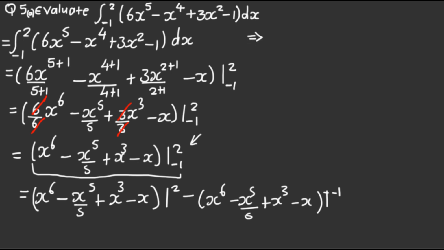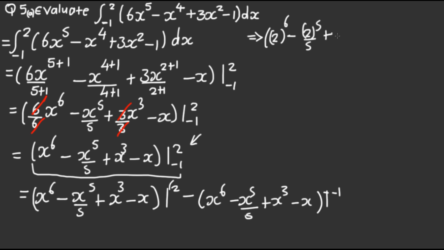So what do you do now? The first bracket where there is x, we are going to substitute with a 2. So this will be 2 raised to the power 6 minus 2 over 5. So this 2 is raised to the power 5.